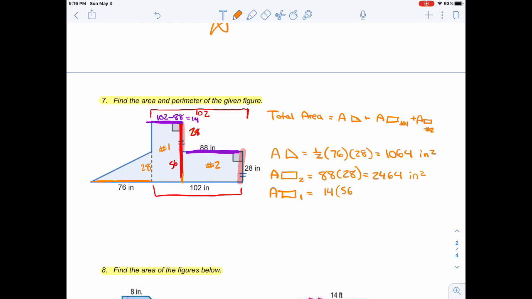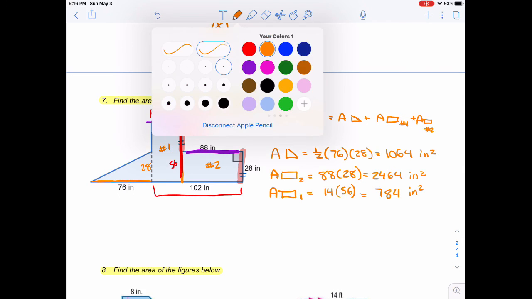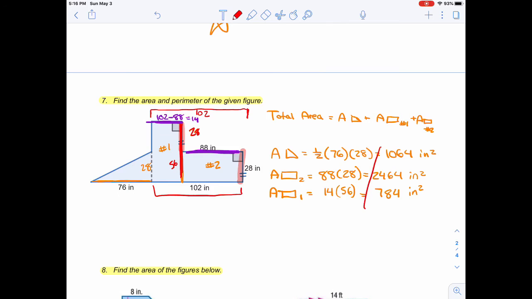So if I go ahead and multiply that out, I should get 784 inches squared. And again, for my total area, I just want to add up these 3 numbers that I just found. So if I go ahead and add all of those up, I should get 4,312 inches squared for my final answer.